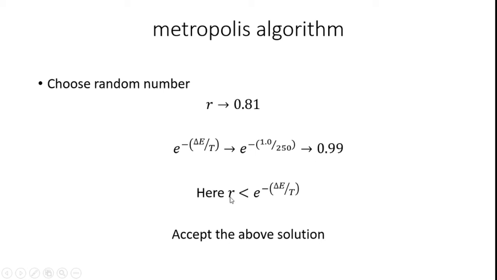Here the R value, the generated random number, is less than the identified Metropolis algorithm value e power minus delta E by T. So the R value is 0.81, e power minus delta E by T is 0.99. Here the condition is satisfied because 0.81 is less than 0.99. So accept the above iteration solution. We move to the next iteration.